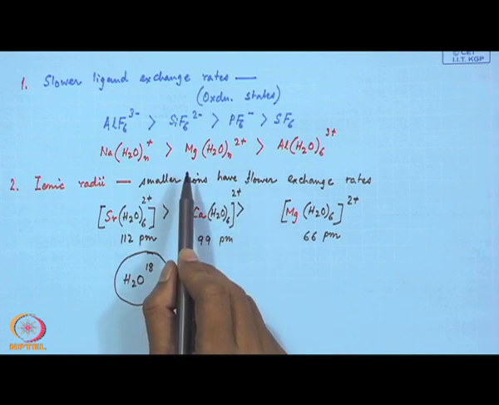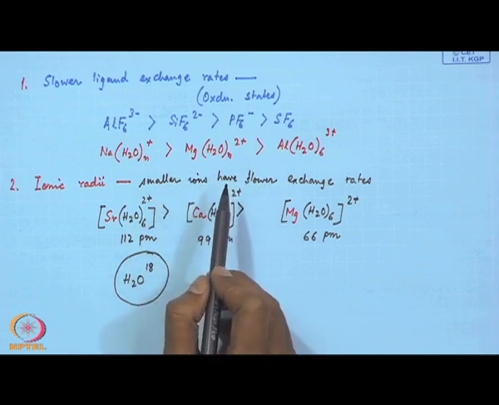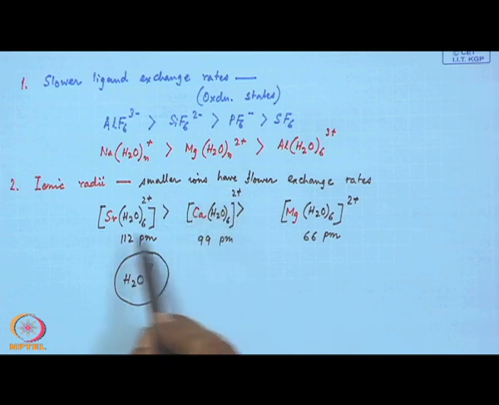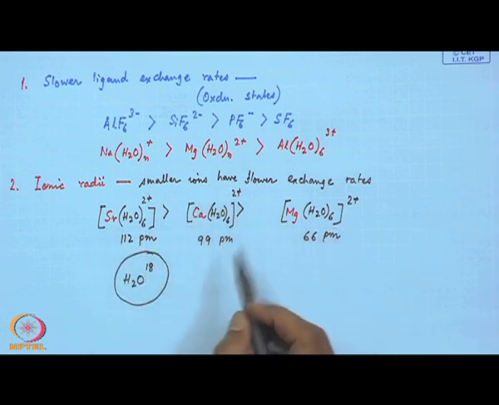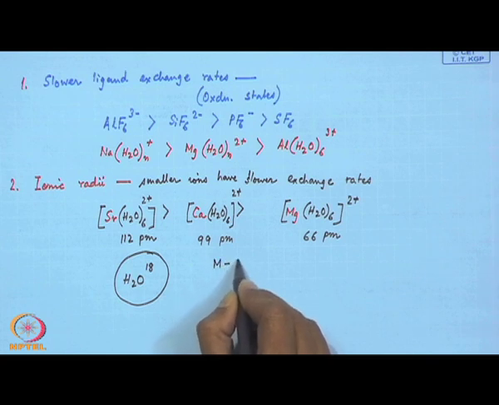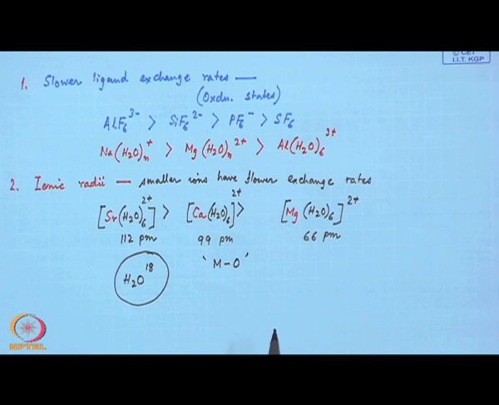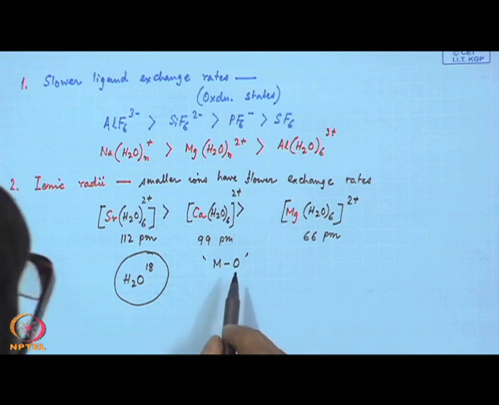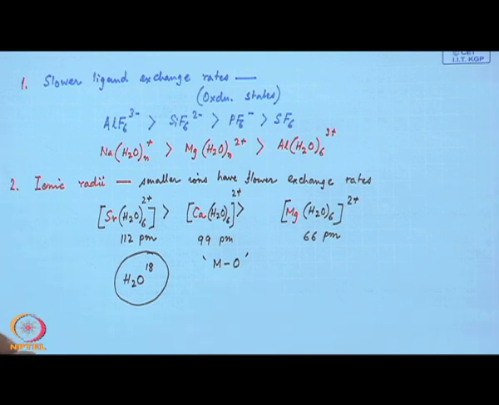So, it is typically dependent on the oxidation state, and on the strength of the metal oxygen bond, which can predict the rate of the reaction. So, in our next class we will consider the effect of these trans ligands, and how they can control the different rates of the reactions. Thank you very much.